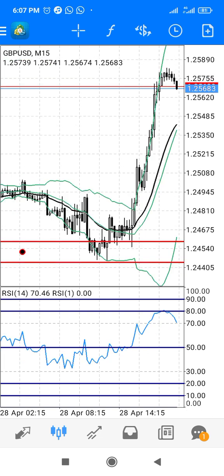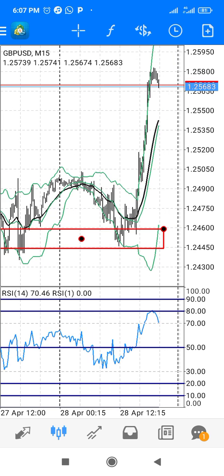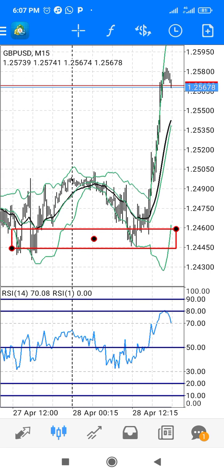This zone that this rectangle covers is called the demand zone. So the first one, as I said, is identifying the turning points and using the lowest for the demand zone, or the highest candle for the supply zone.